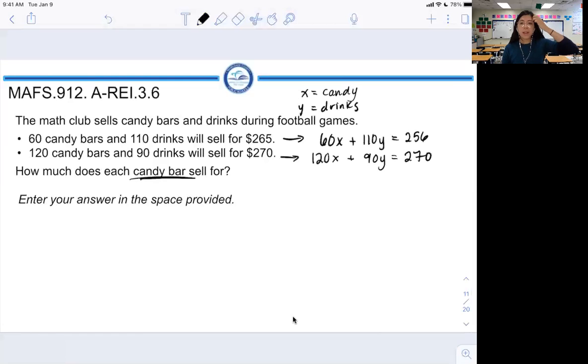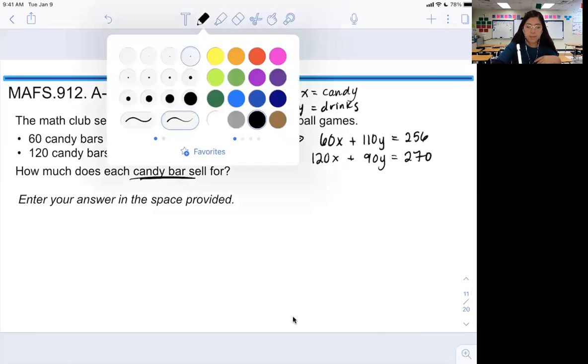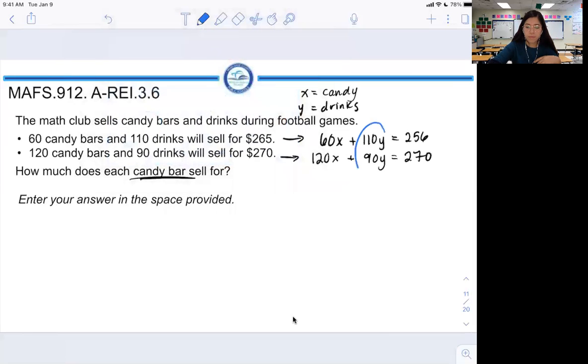Now, in order to get the value of x, we should try to eliminate y. I have 110 and 90. I can't really think of a number that's going to be easy to multiply by that would allow these to cancel out with each other. I could try, but that seems like it might actually be harder.